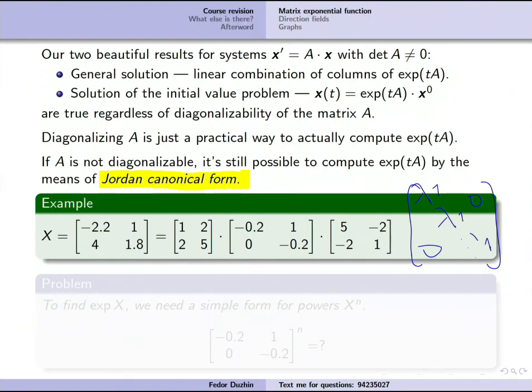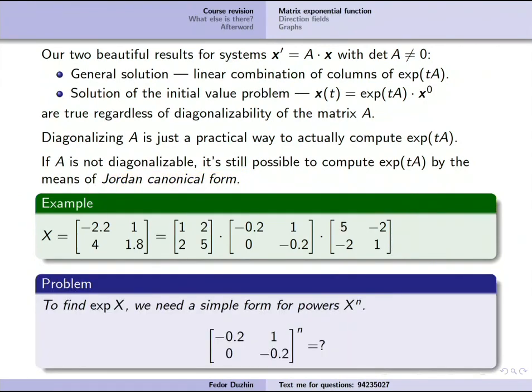And then if you put your matrix into the Jordan canonical form, you can still compute the exponential function of the matrix. The reason is that what you need is a simple closed form for powers of the matrix, and if your matrix is in the Jordan canonical form, it is still doable. And this is basically how, say, MATLAB does it. In MATLAB, you can write exp of matrix, and it will compute it.